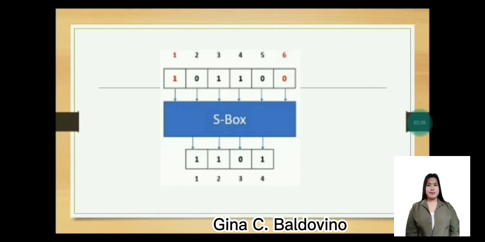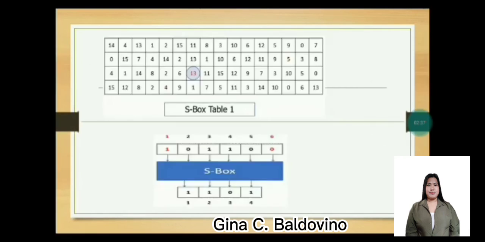The middle 4 bits are used to determine the column number, which gives 16 columns. Now, we will see how the 6-bit input is transformed to the 4-bit output.